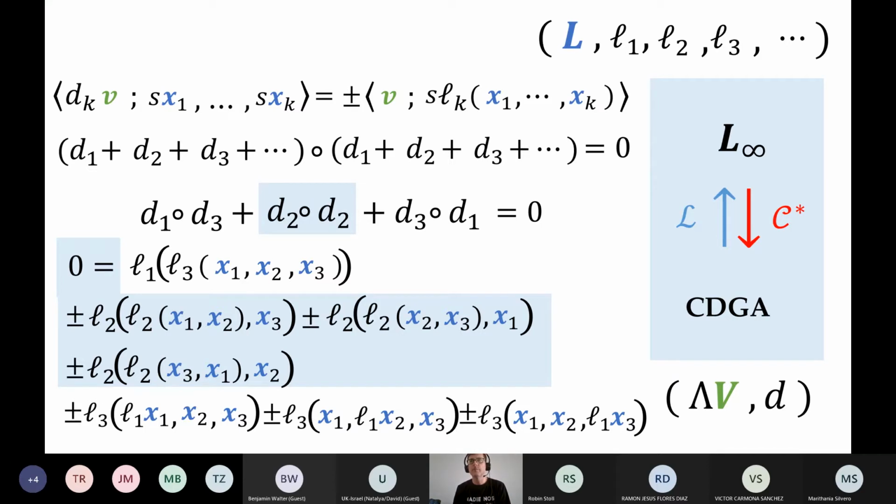In fact, this is not really general because the differential on the Sullivan algebra should be well defined. It should be a finite sum, and there are some restrictions, and we have to impose some restriction also on the L-infinity algebra. So the most general definition of L-infinity algebra in terms of free objects is this one.